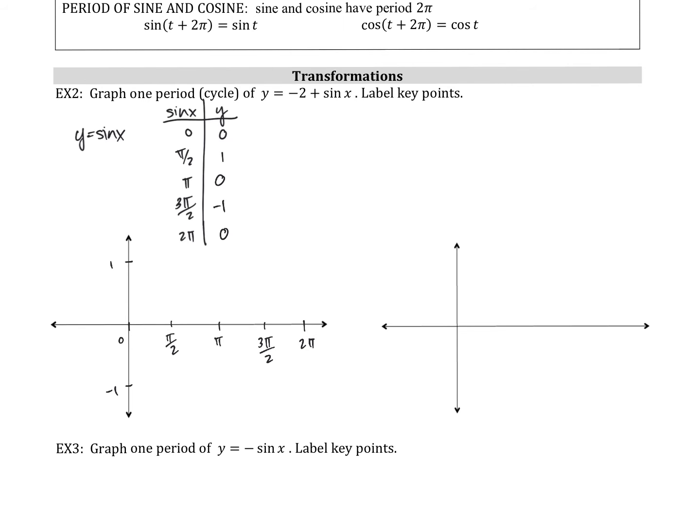So we start off with the normal one cycle of sine, which goes from 0, 0. At pi over 2 it goes up to 1, down to 0 at pi, down to negative 1 at 3 pi over 2, and then back up to 0 at 2 pi. And there we go. We have our main points. So for sine and cosine, more than likely, please label the 5 points.